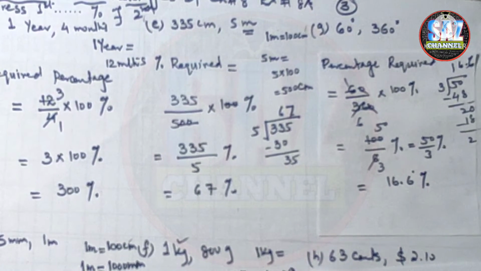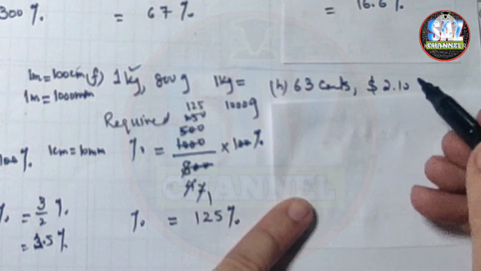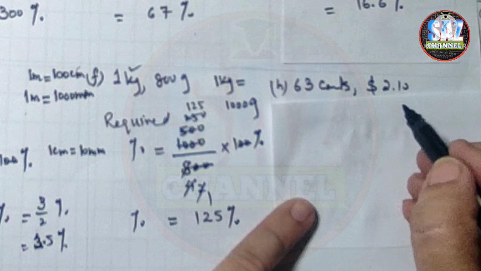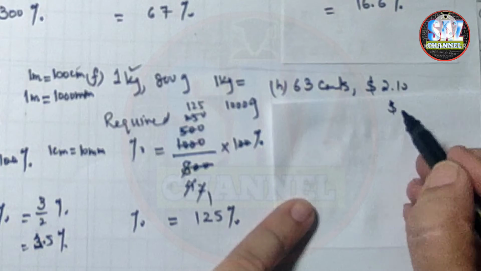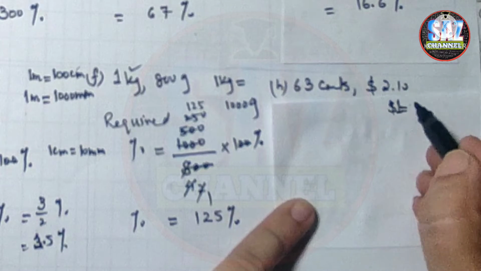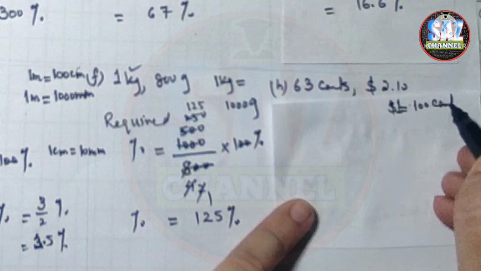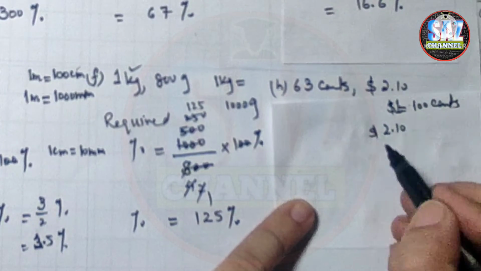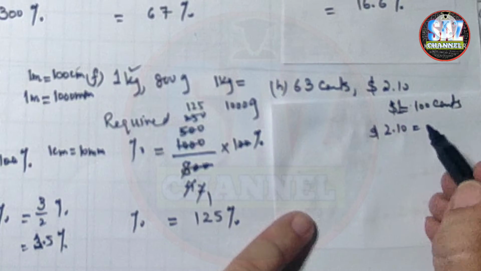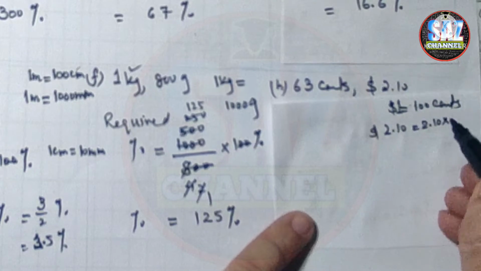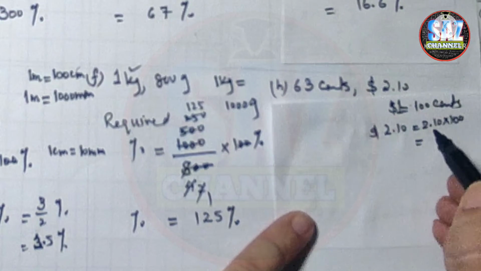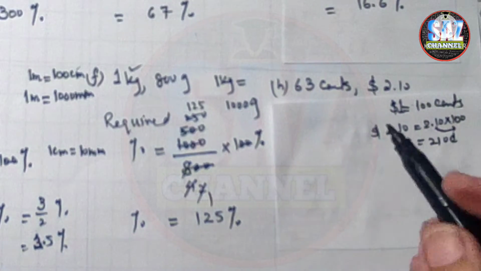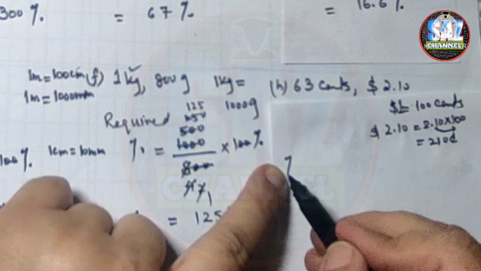Okay, moving to 63 cents to $2.10. First of all, we need to convert $2.10 to cents, and we know that $1 equals to how many cents? That is 100 cents, and $2.10 will be equal to what? 2.10 multiplied by 100, and this becomes 210 cents. Now we have to find the percentage.